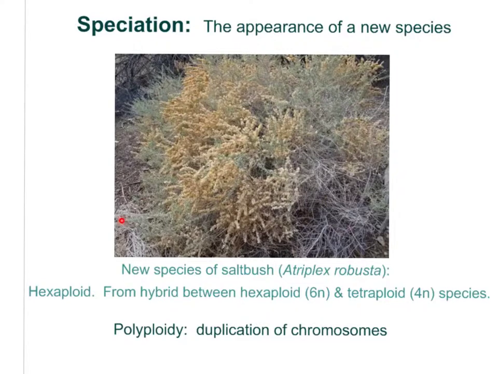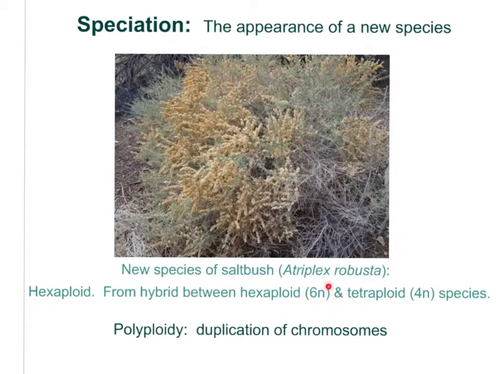It's a new species of saltbush. It's called Atriplex robusta. It happens to be a hexaploid organism. I don't know if you remember, diploid would be a 2N number of chromosomes that the cells have. This is hexaploid.